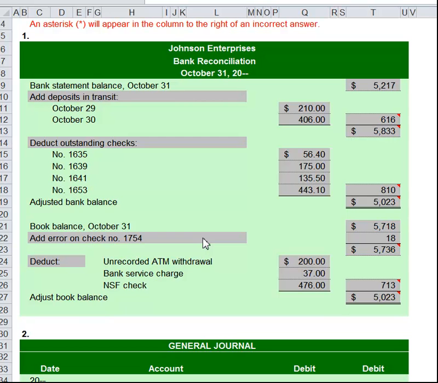Then we subtract out our $200 ATM withdrawal, subtract out the service charge the bank charged us, and subtract out the returned deposit item that a customer gave us that was bad. So we add in and then subtract all this out, and then we end up matching: $5,023, $5,023.